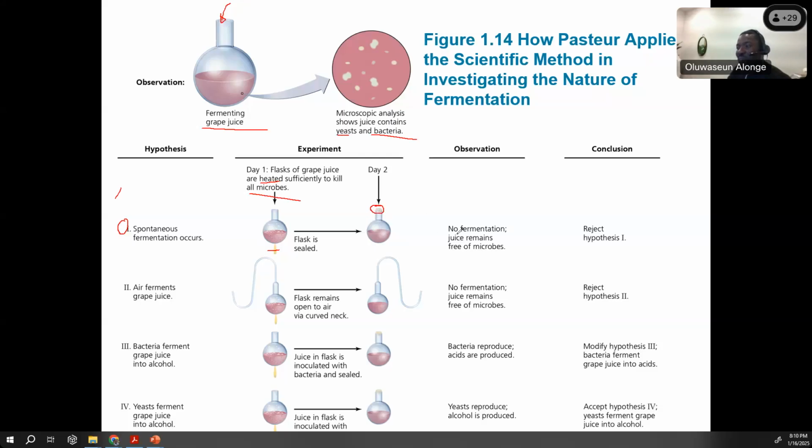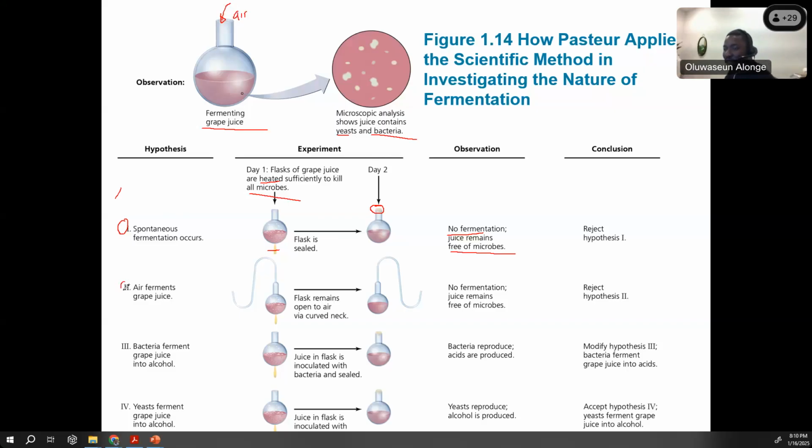At the end of the day, fermentation did not happen in that flask. The juice remained free of microorganisms as well. So there's no microorganism, there's no fermentation. That proves that fermentation does not just happen spontaneously. It means that something needs to cause fermentation, because now we don't have air, we don't have yeast, and we don't have bacteria, and fermentation didn't happen.